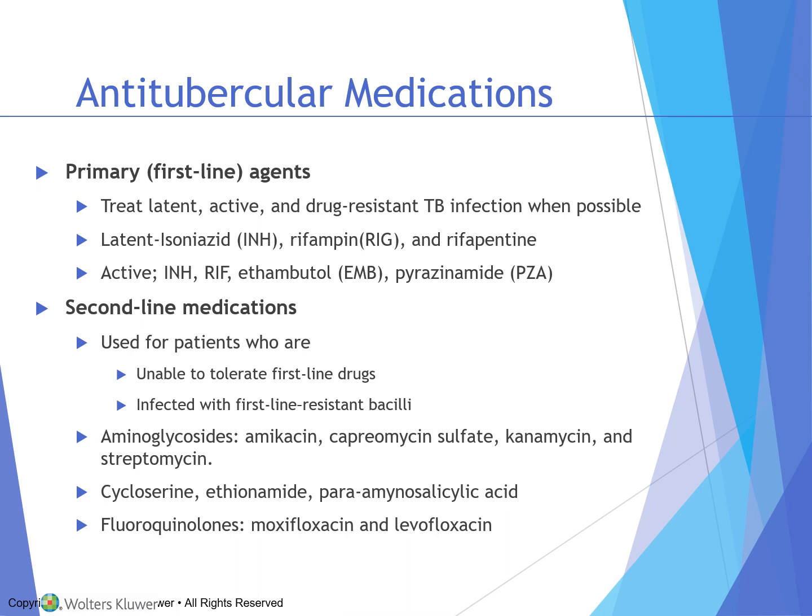Okay, so for second-line medication, this is when patients are not able to tolerate the first-line drugs. This is the alternate, or when there is already a resistance to the first-line drugs, then the second-line medications come into play, and those are some aminoglycosides such as amikacin, capreomycin, and kanamycin, and also streptomycin.